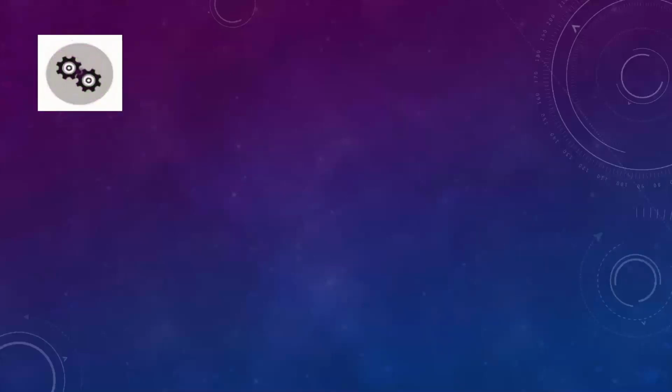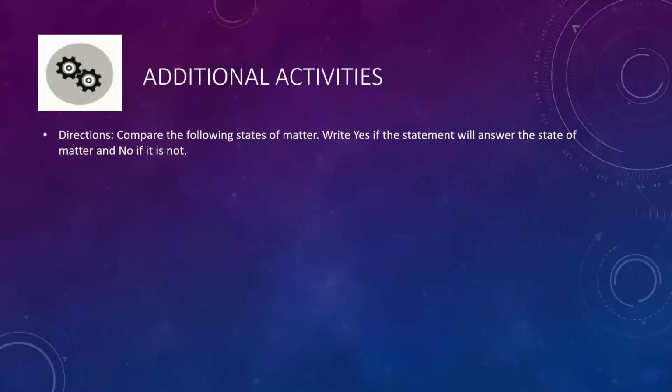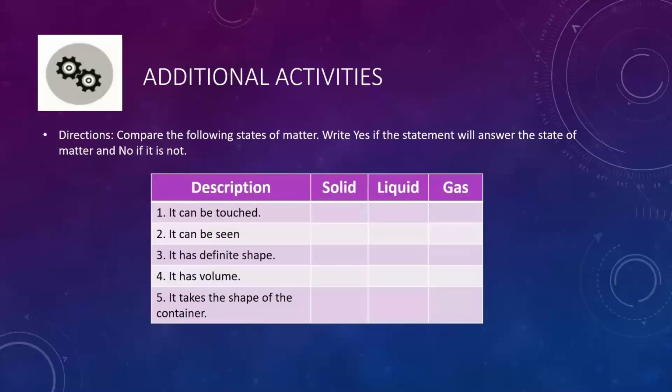Let's now go to additional activities. You are almost done. Follow the directions. Compare the following states of matter. Write yes if the statement will answer the state of matter and no if it is not. We have solid, liquid, and gas.